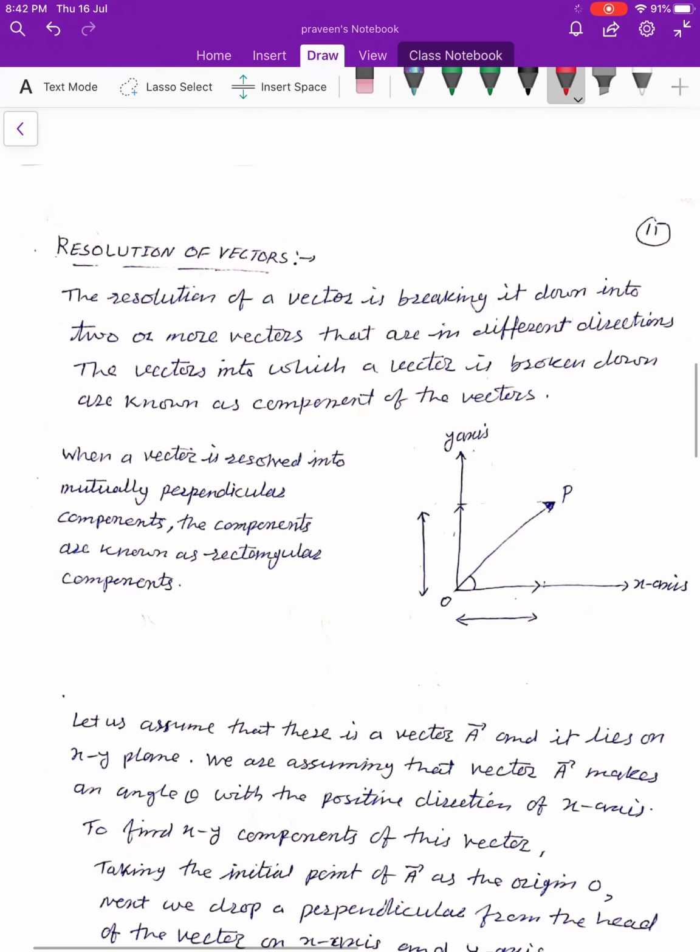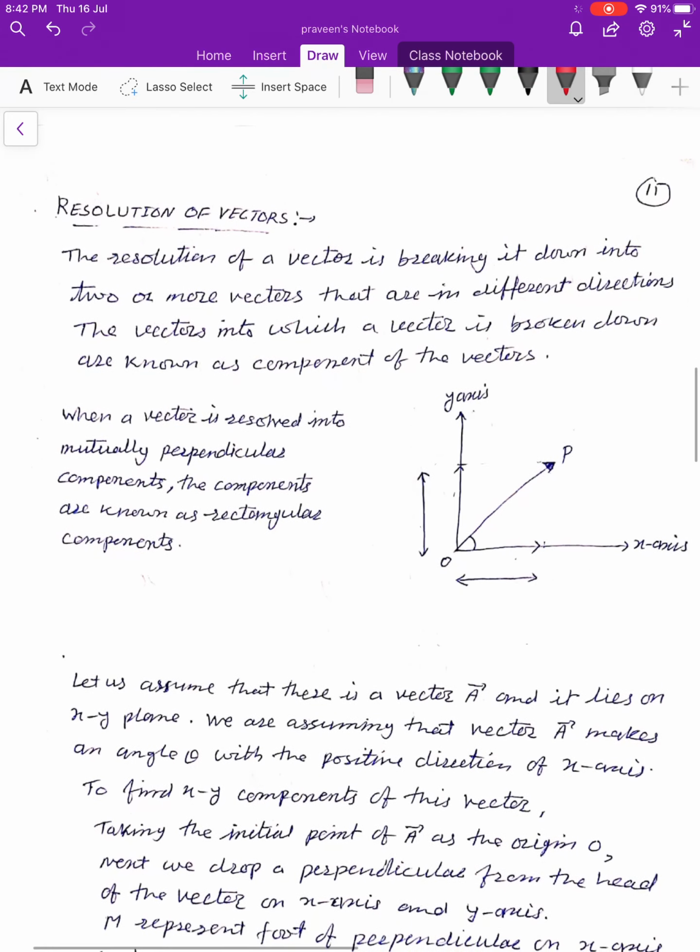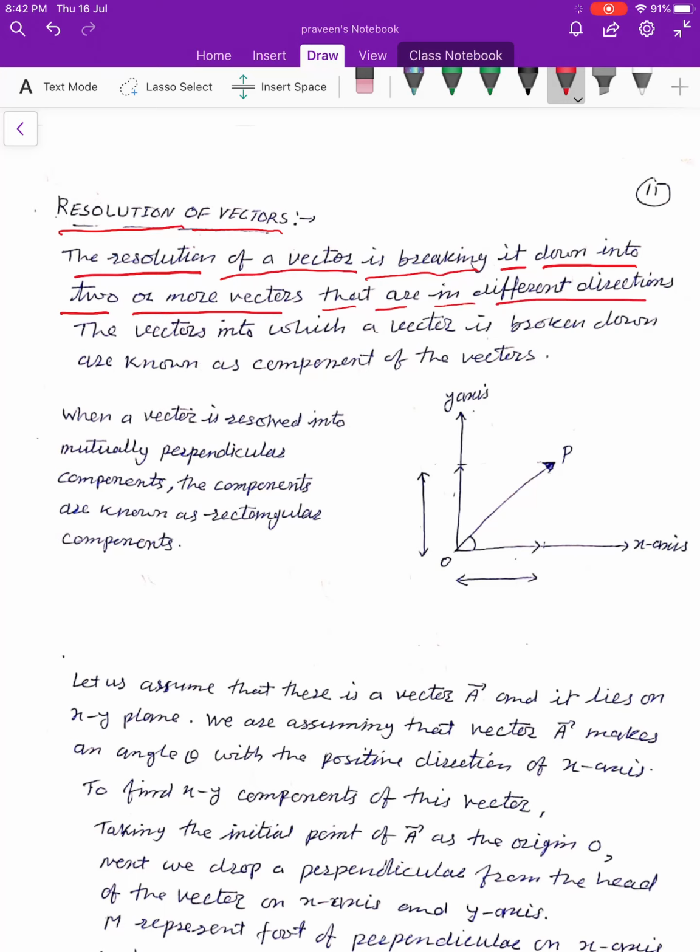Next, resolution of vectors. The resolution of a vector is breaking it down into two or more vectors that are in different directions.